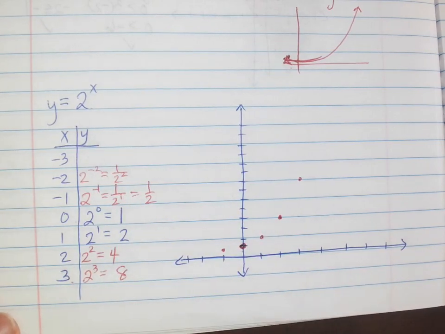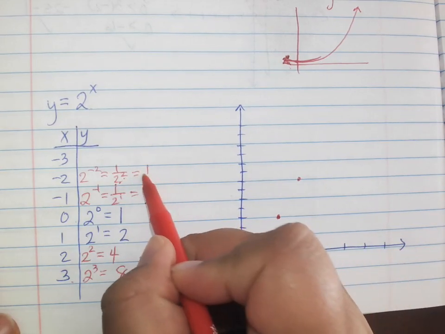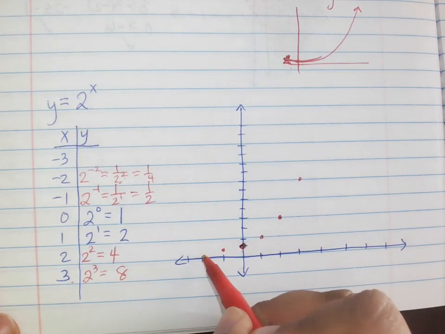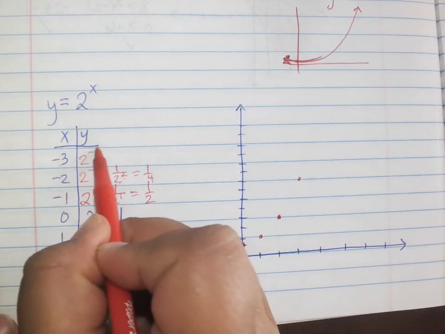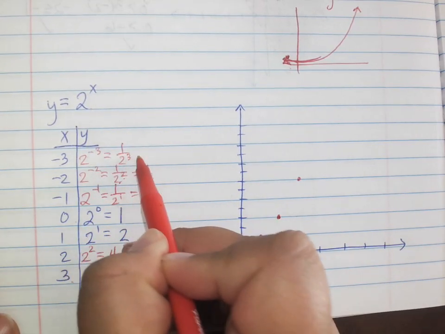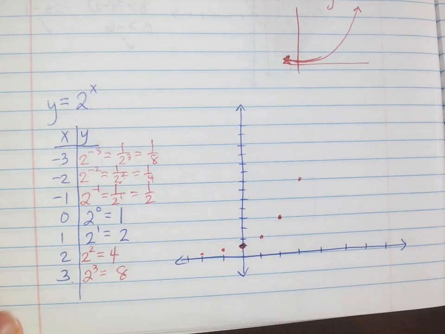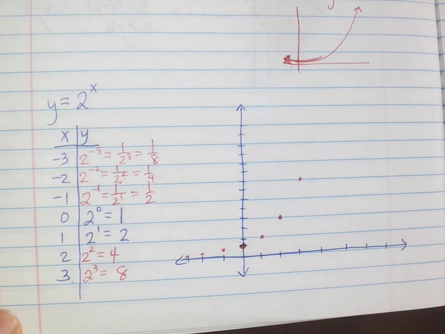Remember we flip it first, do the reciprocal. 2 squared is 4, so we would have 1 over 4. So that gets even closer. And then 2 to the negative 3rd, you flip it, it'd be 1 over 8. So that's even closer. We're not at 0, but we are getting closer and closer.